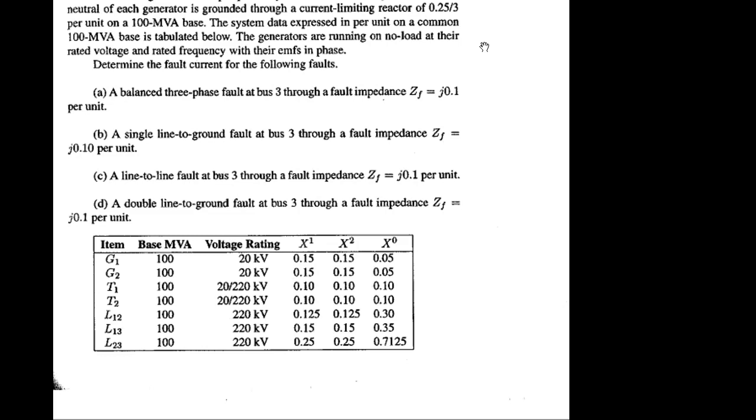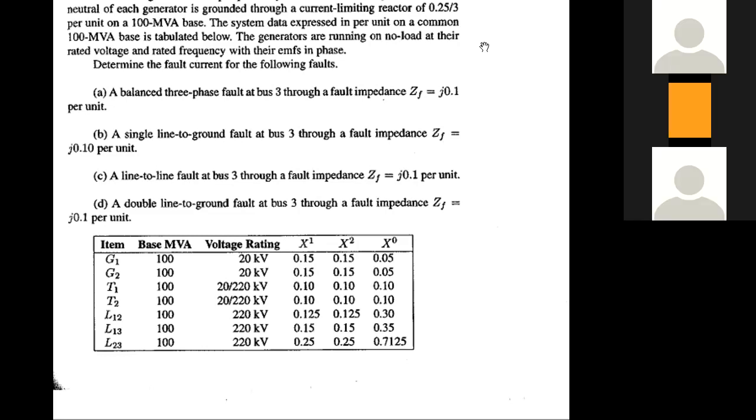One by inspection, another one by the bus building algorithm. Fault current can also be determined two ways, the normal Thevenin equivalent concept or the ZBus building algorithm concept. Today we have discussed the Thevenin equivalent concept for determination of fault current using four different fault cases.